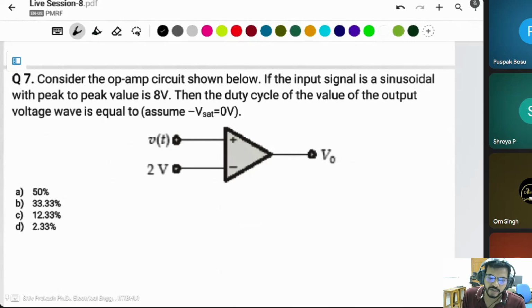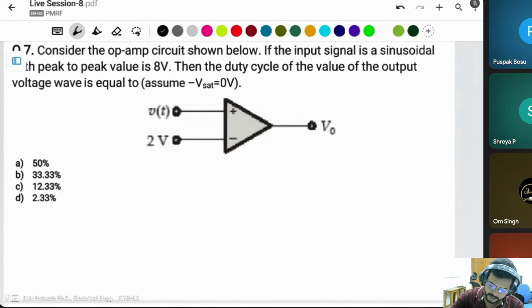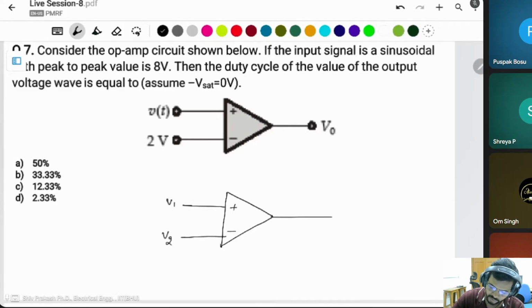If saturation is given in the circuit, it means the circuit looks like that, V1, V2, and plus V saturation, minus V saturation. In practical cases this op-amp does not give infinite gain. If there is not infinite gain, it means there is some saturation there.